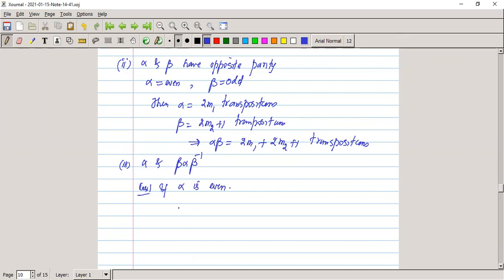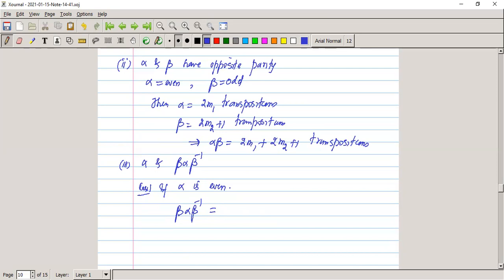Now here we can see that, case 1, if alpha is even, then what can we say about beta alpha beta inverse? If alpha is an even permutation, suppose beta is even, then all the three permutations are even, so the number of transpositions in the product beta alpha beta inverse will be even. So therefore in this case, beta alpha beta inverse will be an even permutation. Now suppose that beta is an odd permutation.